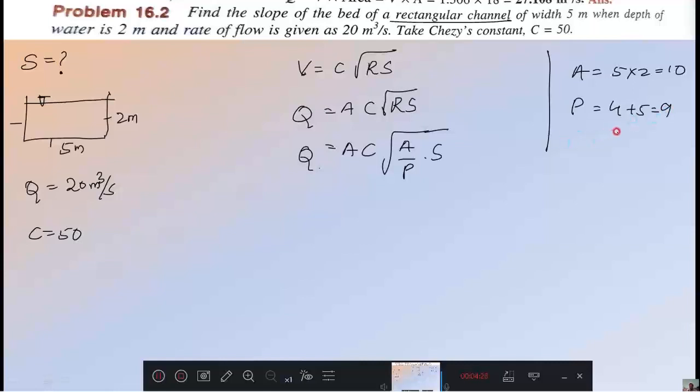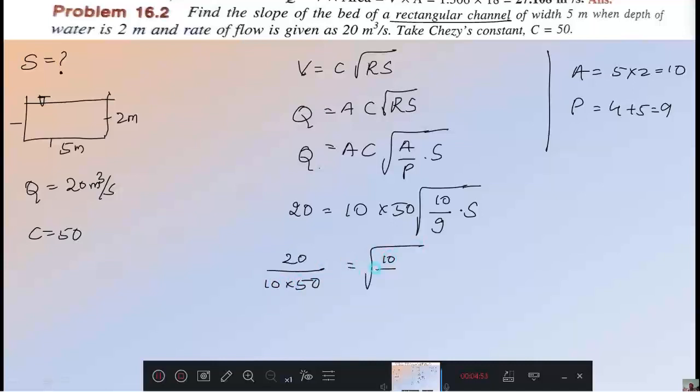Then slope is unknown and everything else is known. I write 20 is equal to 10 into 50 into square root of 10 by 9 into S. Now I need to find S. So 20 divided by 10 into 50 is equal to square root of 10 by 9 into S. Then you find S.